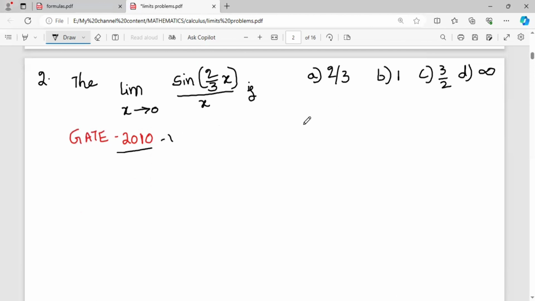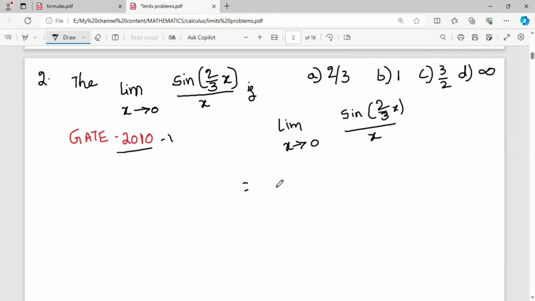For this I take the function limit x tends to 0 of sine of (2/3)x by x. If you substitute x tends to 0, then sine 0 is 0, so we get 0 by 0, which is indeterminate.